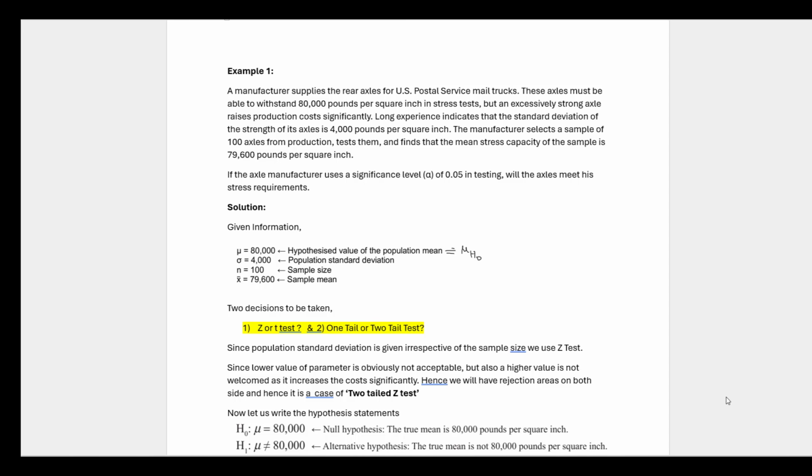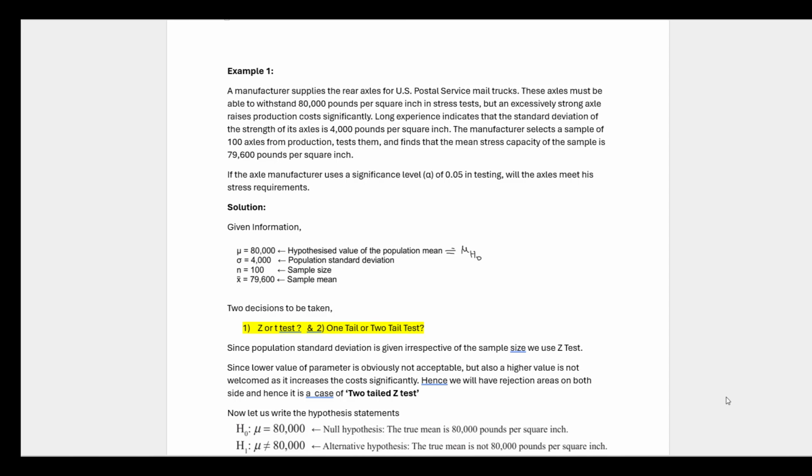The manufacturer selects a sample of 100 axles from the production, tests them, and finds that the mean stress capacity of the sample is 79,600 pounds per square inch. If the axle manufacturer uses a significance level alpha of 0.05 in testing, will the axles meet the stress requirements?